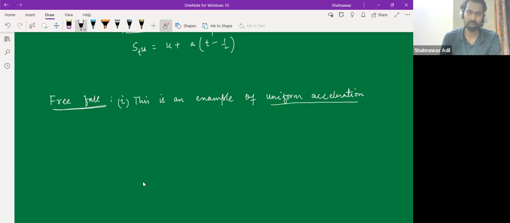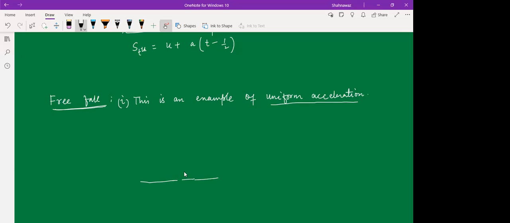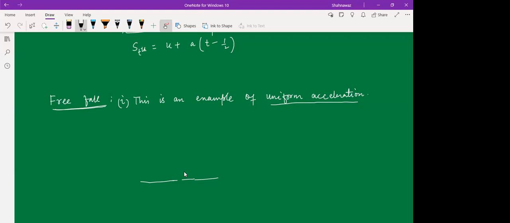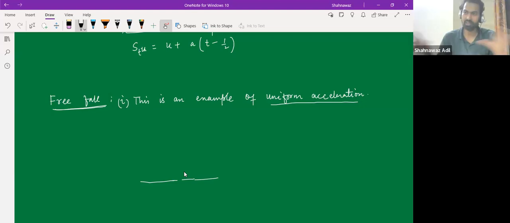Sir, is acceleration constant in all cases for free fall? Yeah, in all cases, when you neglect the air resistance, the acceleration is only due to free fall or due to gravity. That is constant. But when you apply some external forces, the acceleration would be reduced.